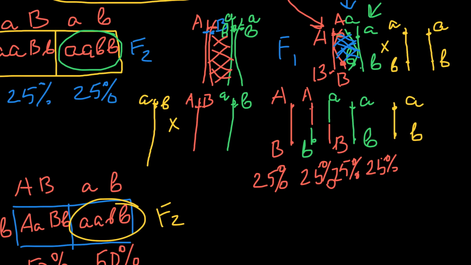So now imagine that gene A and B are not on the edges, but closer to each other, but not as close as in the previous example, where no crossing over happens at all. But this time, let's say we move this gene somewhere here.